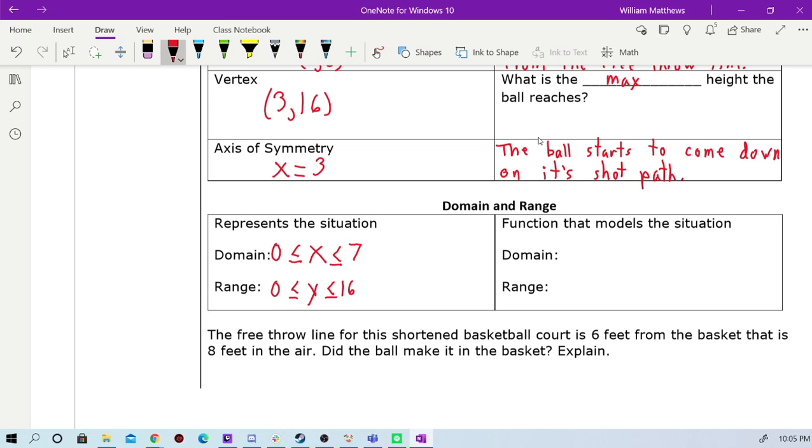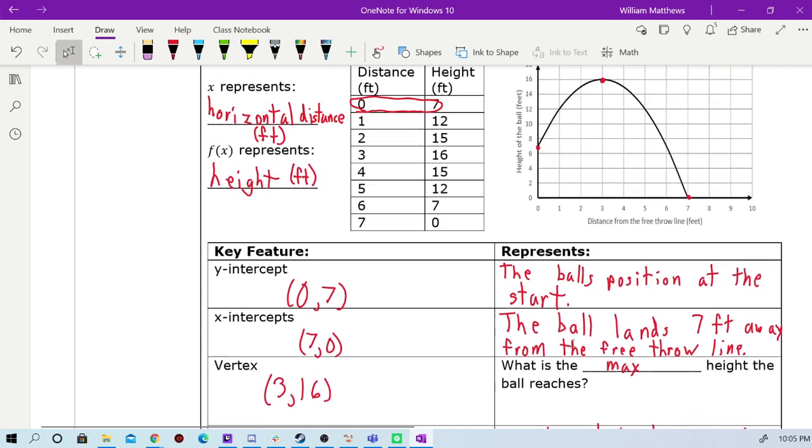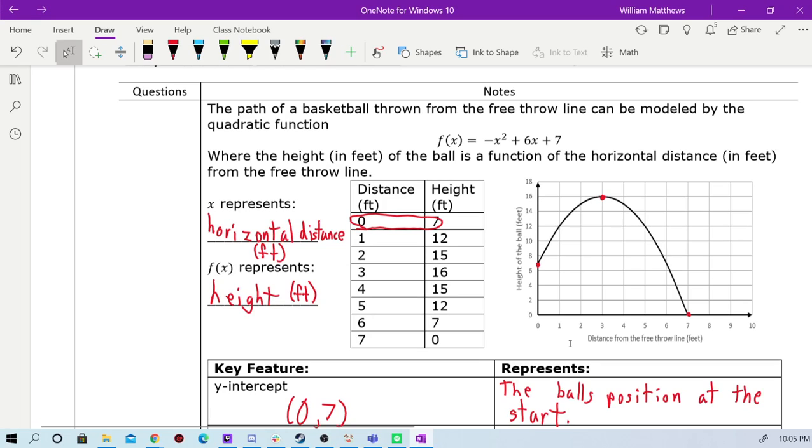Now, when we say the function that models the situation, that's referring to the equation itself. It is not asking about the story at all. It simply wants to know the math behind it. So in that case, we're not looking at the boundaries anymore.